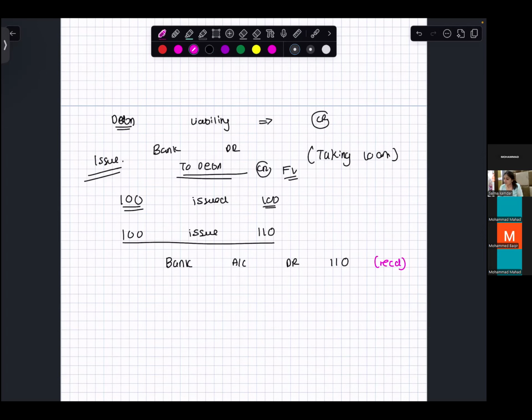Debentures will be credited with the face value, 100. Remember this, debenture will always be credited with the face value. That means another 10 should come over here, because the total of debit must be equal to the total of credit. What is this another 10? I will tell you later.